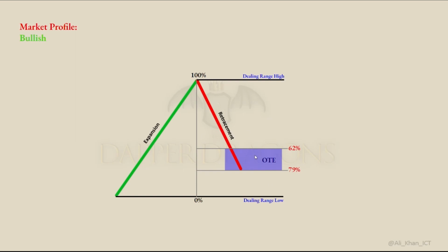This by itself is okay, but to take this one step further, on the left side of this swing, in the expansion leg, we want to look for an area opposite to the optimal trade entry area. In this area, we're looking for order blocks, fair value gaps, breakers, and mitigation blocks. We want to pair these levels with the optimal trade entry area for more higher probability setups.